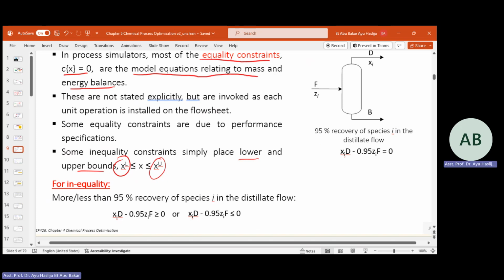So this is the function. You want to identify for inequality more or less than the 95% recovery. Inequality must be larger than 0 or lesser than 0. This is the constraint.